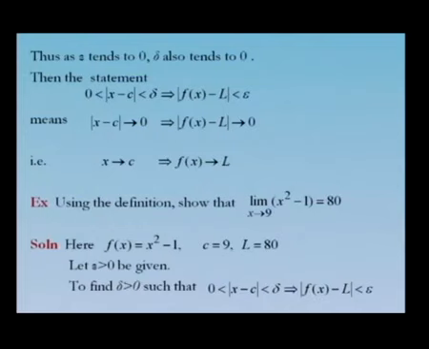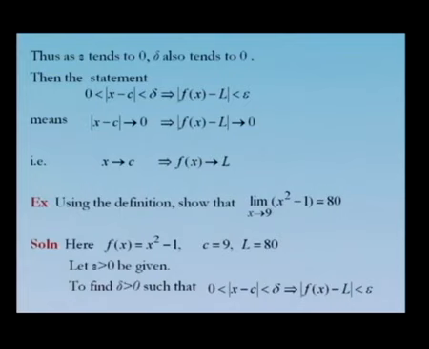Now let's take some other example using the definition: limit x tends to 9 of x² − 1 equals 80. Solution: here f(x) is x² − 1, the point c is 9, and the limit L is 80.